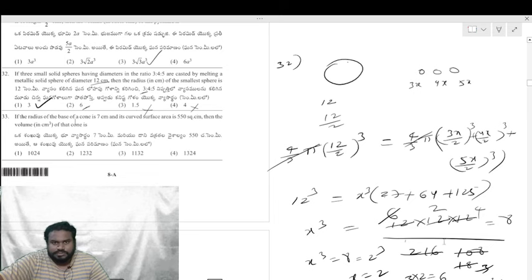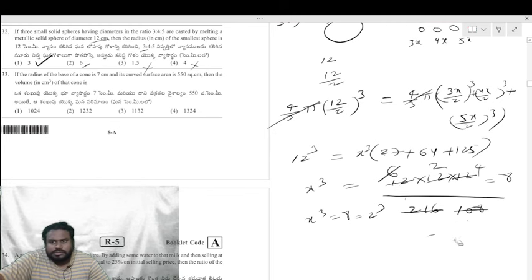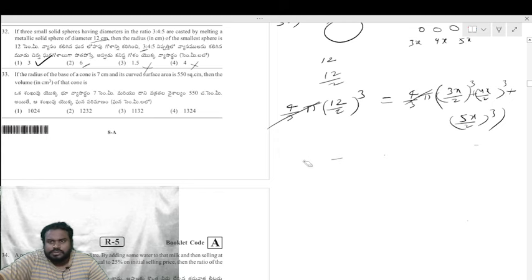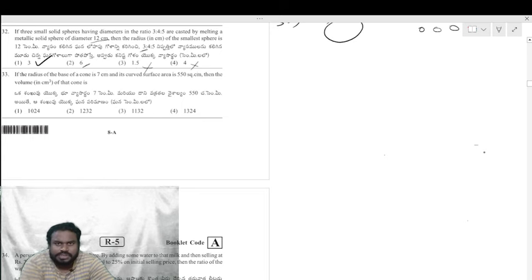Okay, next question 33. The radius of the base of a cone is 7 centimeters and its curved surface area is 550 square centimeters.